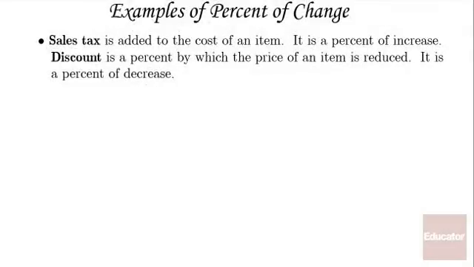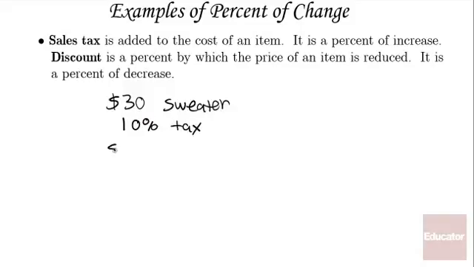Some other examples would be sales tax. Sales tax is something that's added to the cost of an item, so it can be seen as a percent increase. For example, maybe you're going to go out and buy a sweater and it costs $30. But as it turns out, there's 10% sales tax in some places, so the sales tax is 10%.